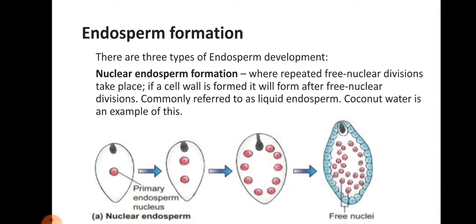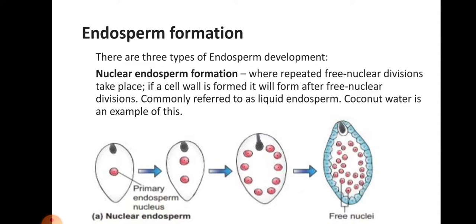These two cells again divide into more cells, which means one cell gets divided mitotically and produces two, and the two will be divided into four, and then four will be divided into eight, like that. Here the free nuclei are present, and here you can see this black color structure, that is the endosperm, and the remaining part is the endosperm.